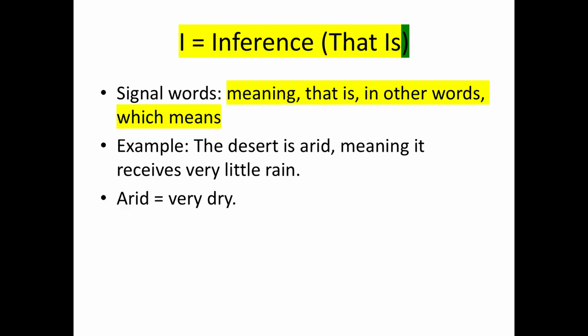Inference. When we look at the word inference, sometimes we look at what we know from before and what we're learning, and then we can come up with an inference. Remember we did inference? Background information plus what we read gives our new idea. That may be our inference.